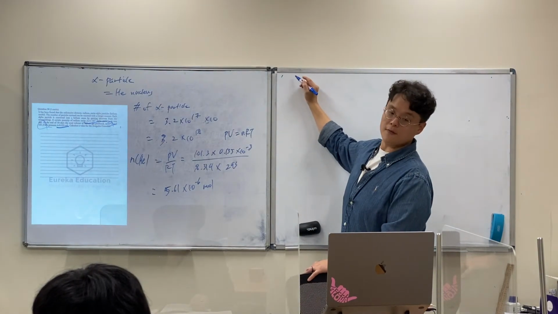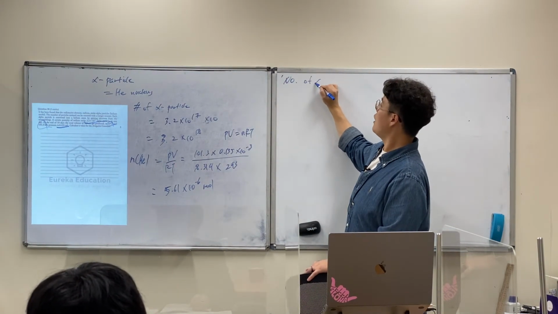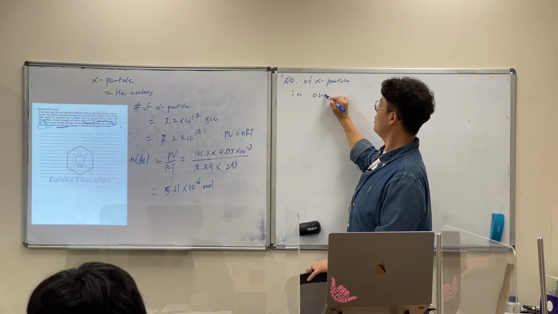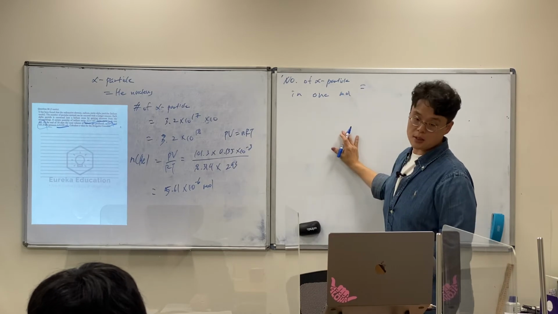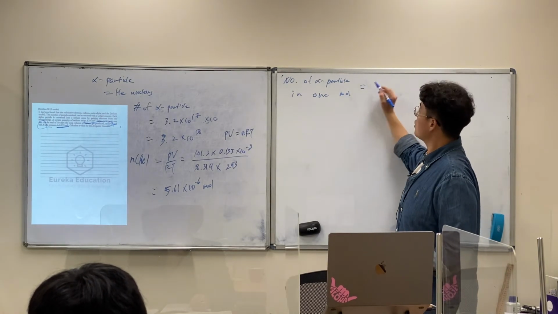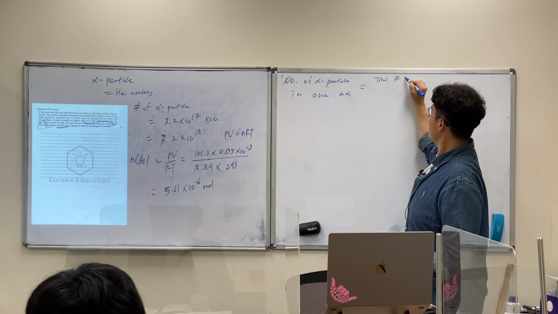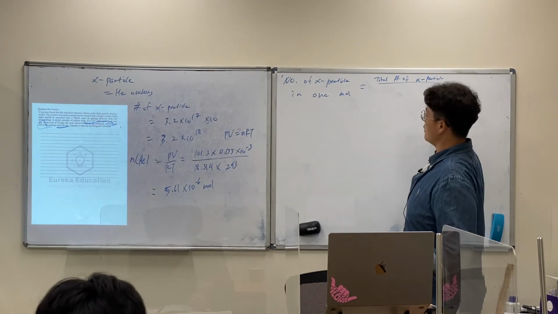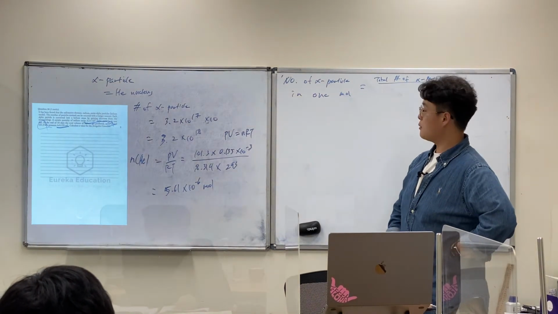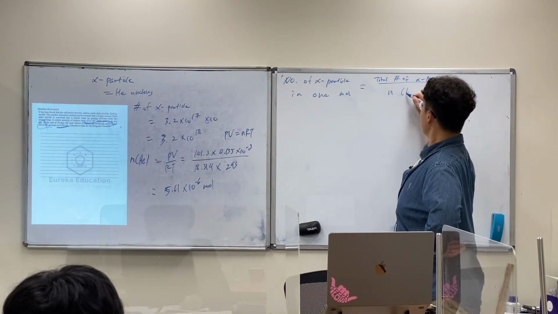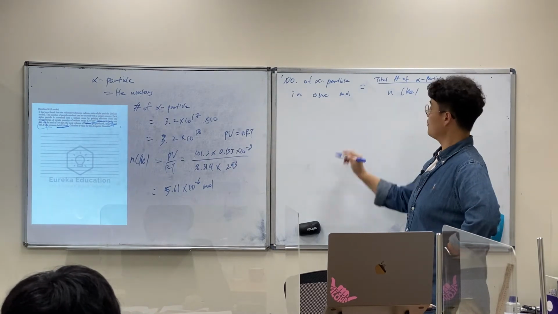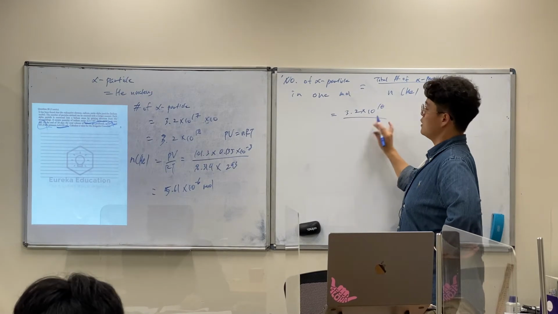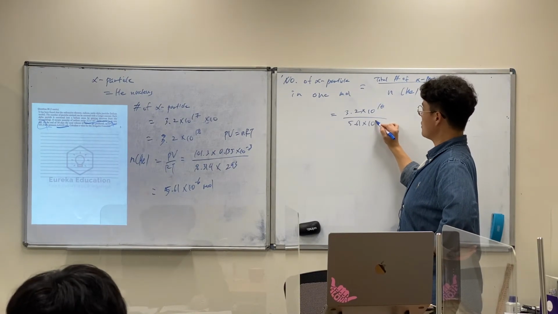The way you can find the number of alpha particles in 1 mole is from the given total number of alpha particles, 3.2 times 10 to the power 18, divided by the number of moles of helium, 5.61 times 10 to the minus 6.